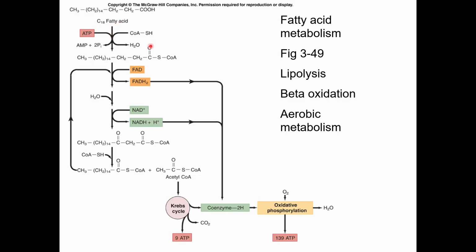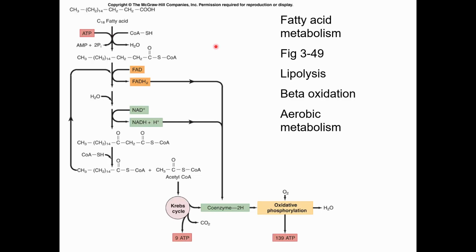So you break off 2 carbons at a time, and as you're breaking off 2 carbons, you've got an acetyl-CoA, which can go into the Krebs cycle and be burned. Then you break off another 2 carbons into the Krebs cycle and be burned. So fatty acids are a wonderful substrate to make ATP out of in the Krebs cycle.